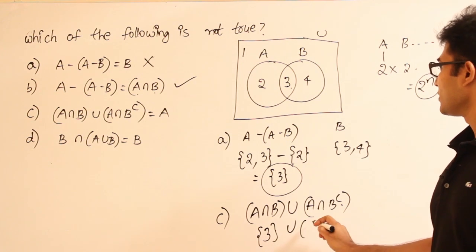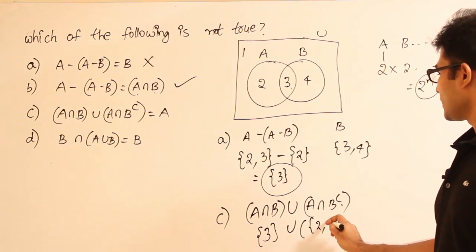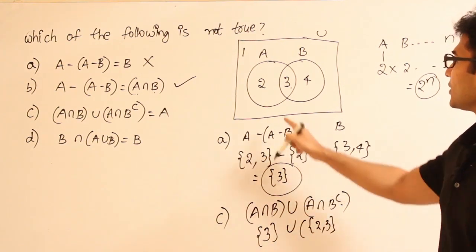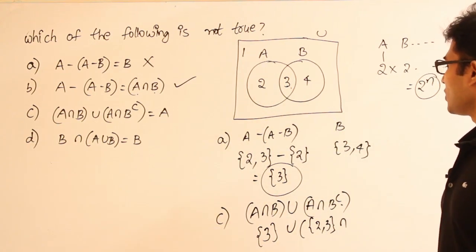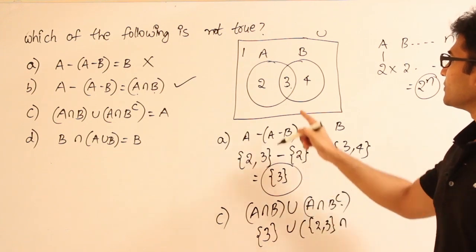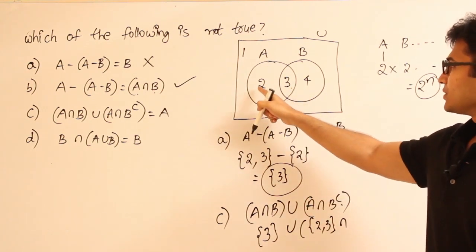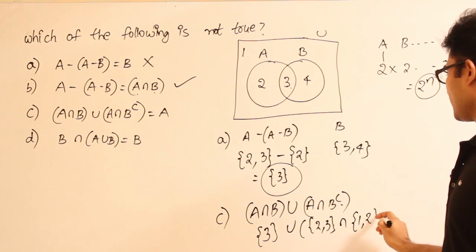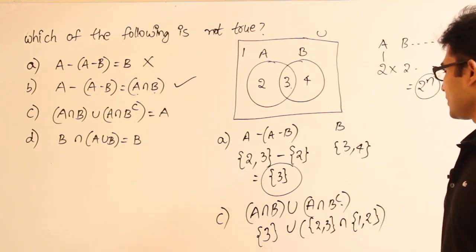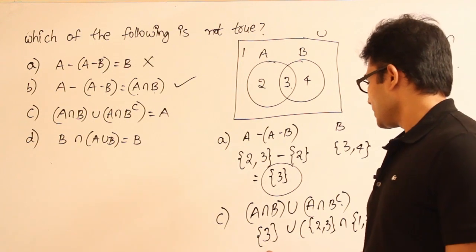So what is A? A is 2 comma 3, isn't it? A is 2 comma 3, and intersection B complement. B complement means whatever is not present in B. So whatever is not present in B is nothing but 1 and 2. So 1 and 2, right? And now what do we get?